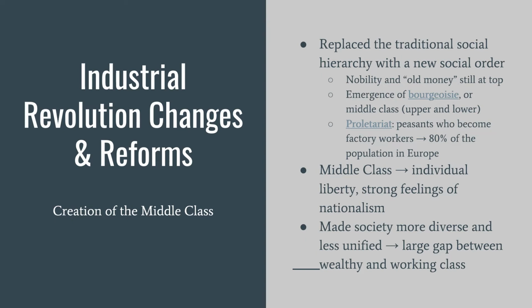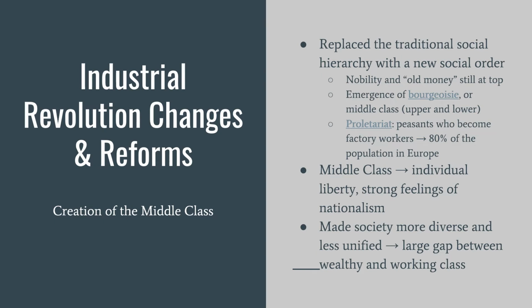So if we think back to absolutism, if we think back to feudalism in Europe, there's a very well-defined social hierarchy with kings at the top and then nobility. And at the very, very bottom, we've got the lower class, the peasants. There's not really anything in the middle.